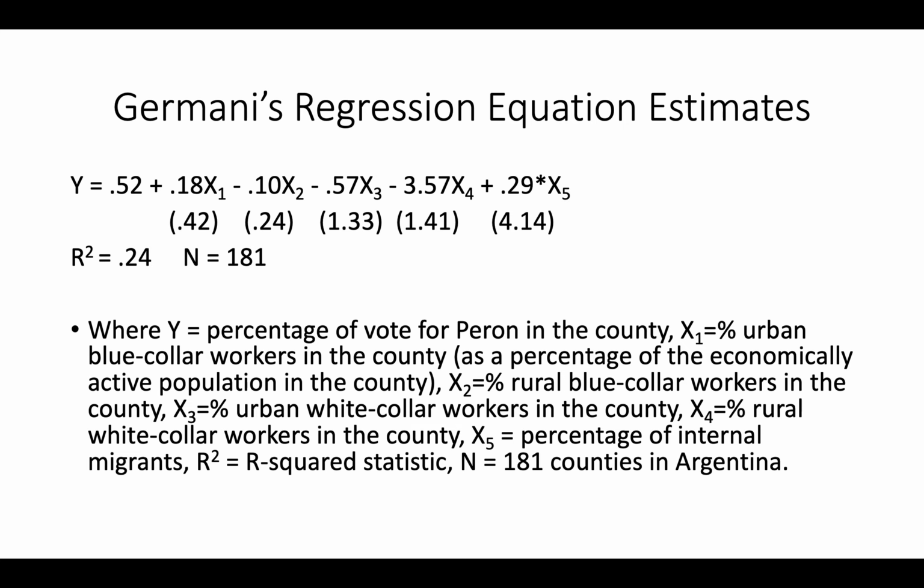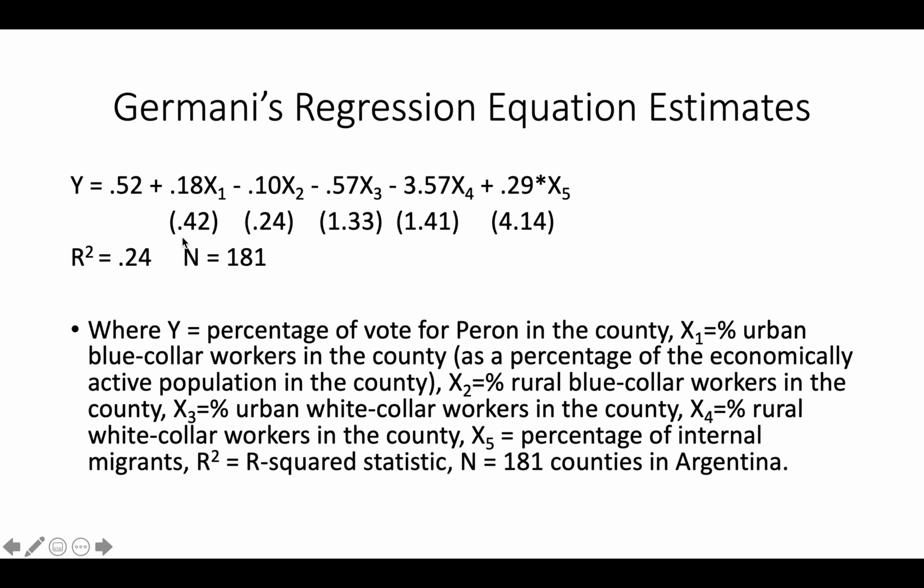Now, what's surprising about these results? Well, if we take a look at them, workers do not seem to have a statistically significant impact on the vote for Perón. And what's really surprising is that the blue-collar workers, X sub 1 and X sub 2, don't seem to be anywhere near statistical significance.